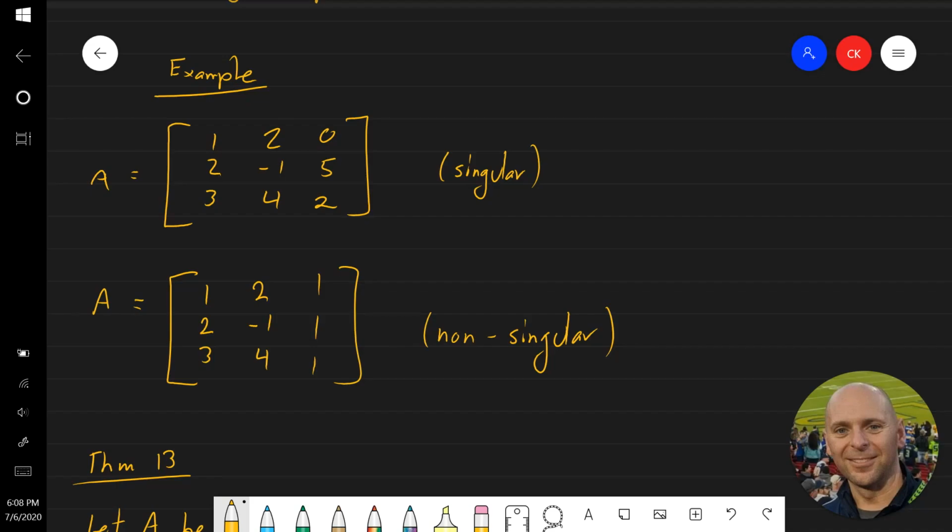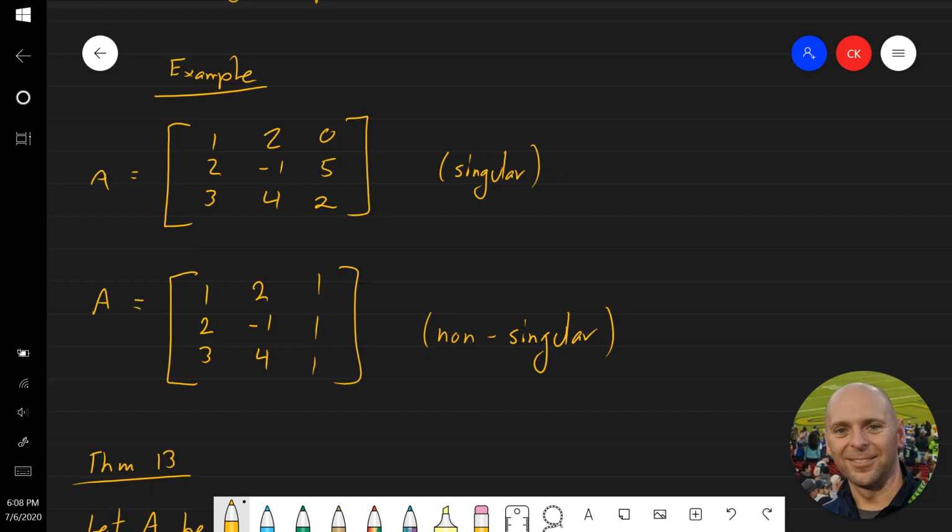In principle, it's really the same. We're just looking to see whether or not the column vectors of the matrix are linearly independent or dependent. If it's just a bunch of vectors, we refer to them as linearly independent or dependent. If those vectors are inside of a larger matrix, we refer to them as singular or non-singular, depending on the situation.